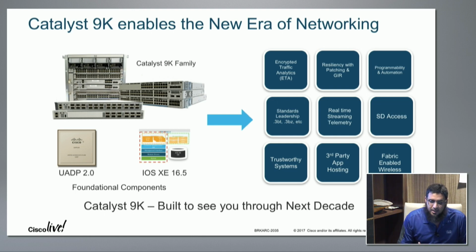So that's the Catalyst 9K that's enabling Encrypted Traffic Analytics, ETA, which can detect malware in the encrypted traffic itself. That's the Catalyst 9K that's enabling resiliency, patching and GIR. This is the Catalyst 9K that's enabling programmability and automation for your network, right? Third-party app hosting, SD-Access, fabric-enabled wireless, trustworthy systems, a lot of things that our customers can enjoy and take their network to a completely new era of networking.